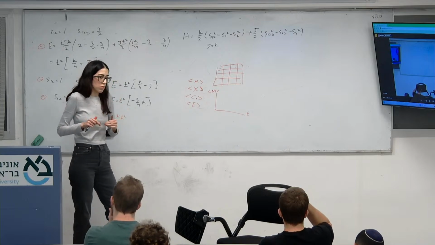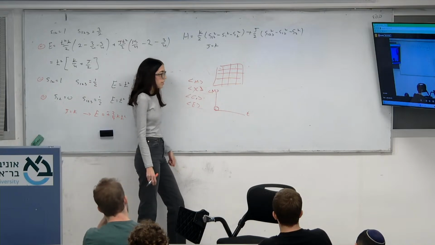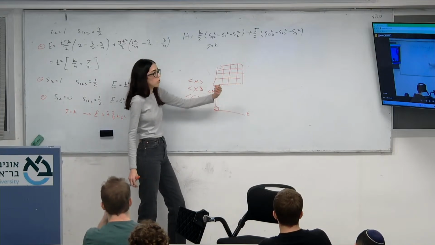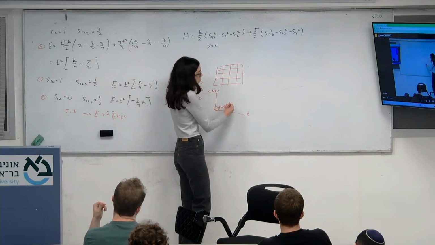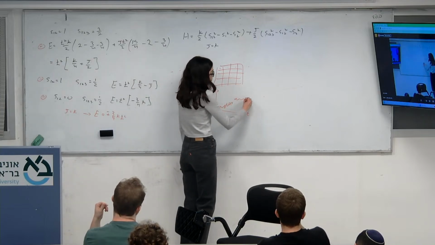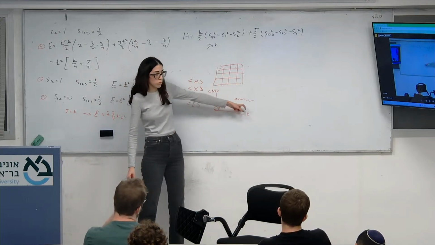You start from this disordered system, so you start somewhere around here, and as you continue doing more and more iterations, you have something with noise, and then eventually you expect to get a plateau when the system reaches equilibrium.